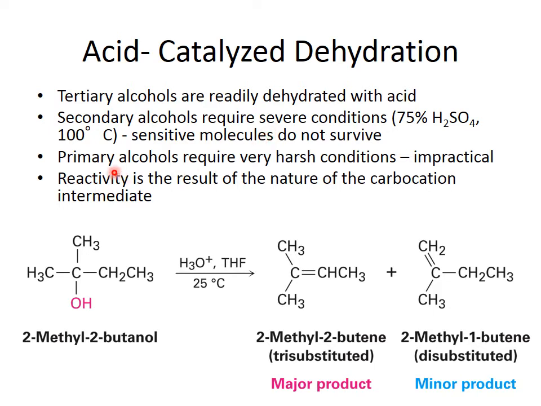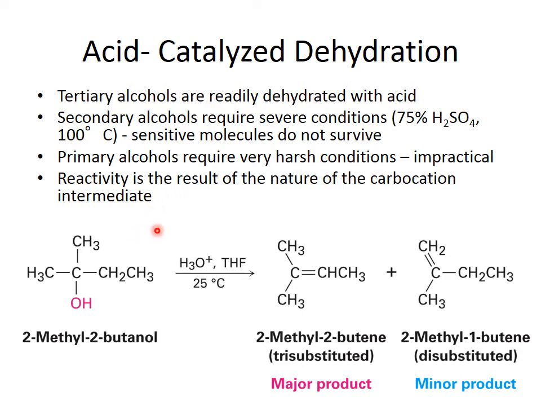Primary alcohols are really bad for this, because the primary carbocation is very hard to form. You have to use high temperatures, long times, and you often have a lot of side reactions that make this not practical at all. You get very little yield on it.